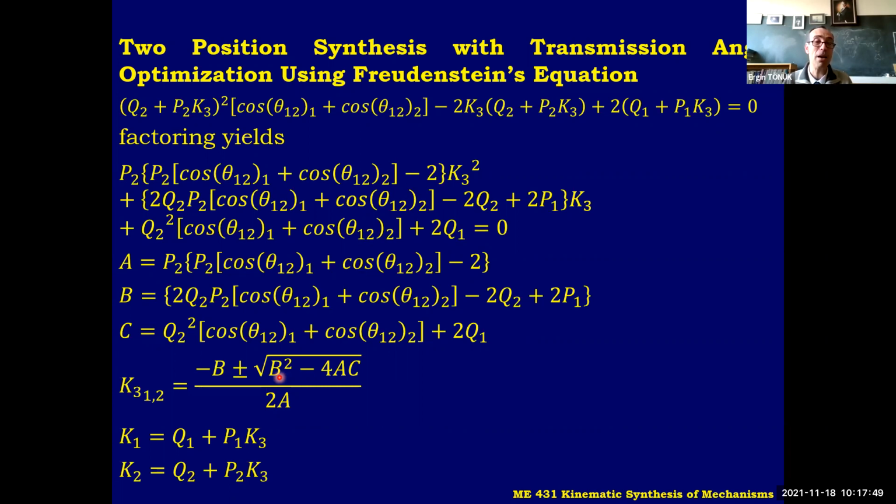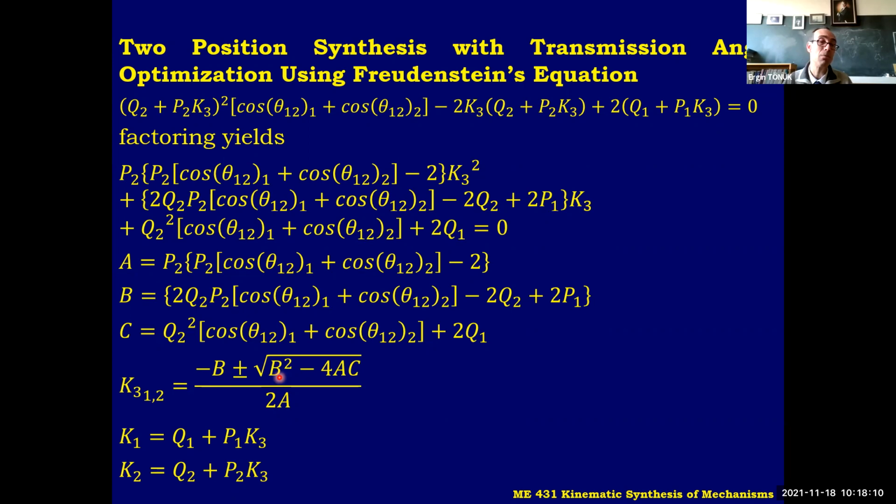So the mechanism may not move to that position at all unless you disassemble and reassemble it. Or, for example, if you perform a mixed order synthesis, for example, one position and one derivative and the second position may be at two different branches.